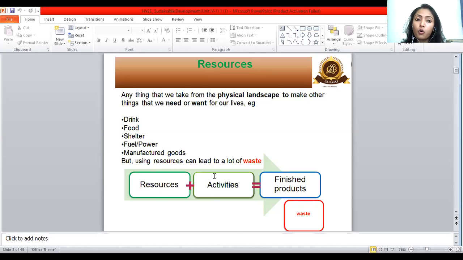So this is the whole operation that happens whenever any resource needs to be made available to you as a finished product. And the waste is one of the aspects associated with this whole operation that cannot be avoided.